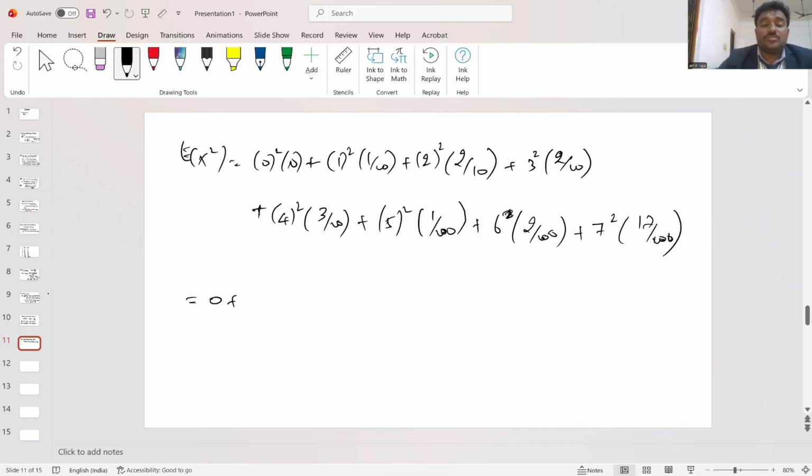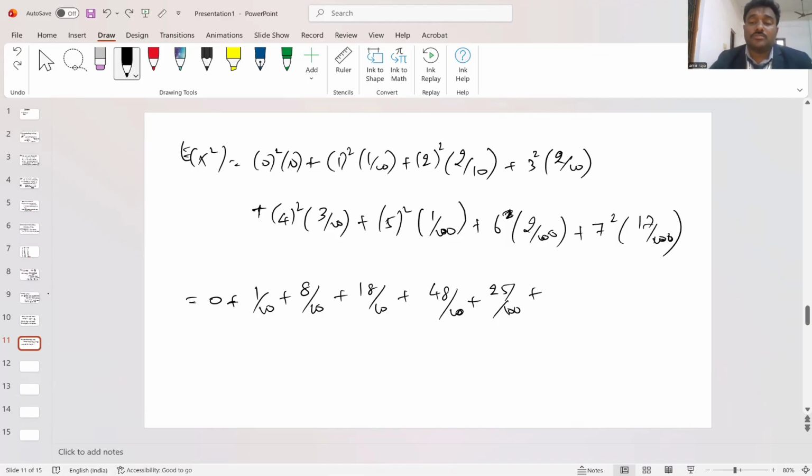So if you add all of them, the first value is 0, and we have 1 by 10 plus 8 by 10 plus 18 by 10 and 48 by 10, then 25 by 100, and then 36 into 2, so if you multiply, it will become 72 by 100, and then 49 into 17, so 833 by 100.